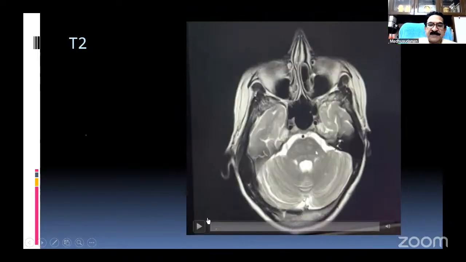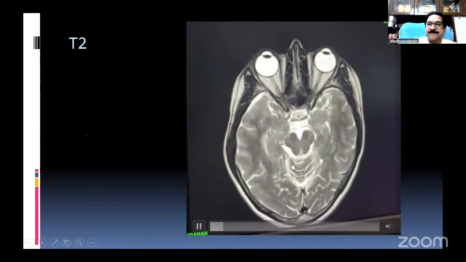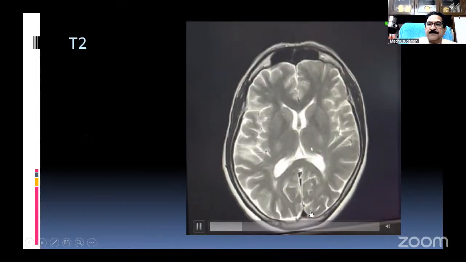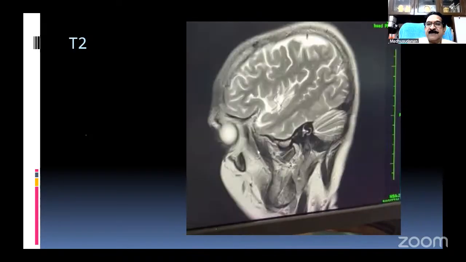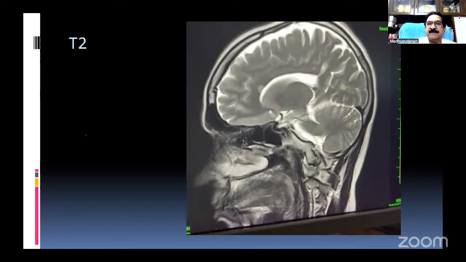And look at the T2 weighted image now. That's a culprit lesion there, exactly in the site of MLF. There are again multiple white matter lesions, so you can see the corpus callosum and all, you can make it out.